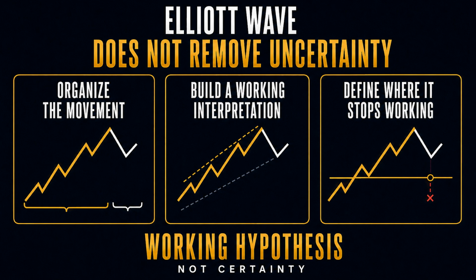This is the practical meaning of market structure in these examples. Elliott Wave analysis does not remove uncertainty. It helps us organize the movement, build a working interpretation, and define where that interpretation stops working.